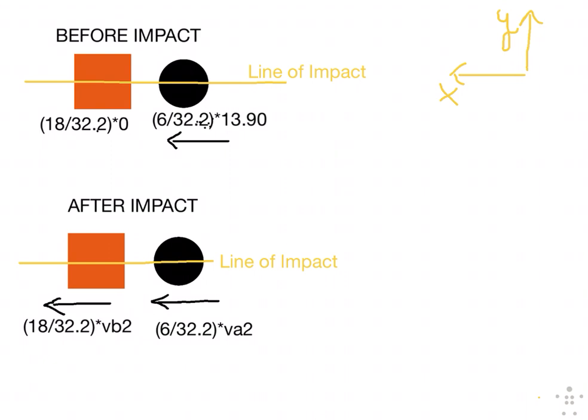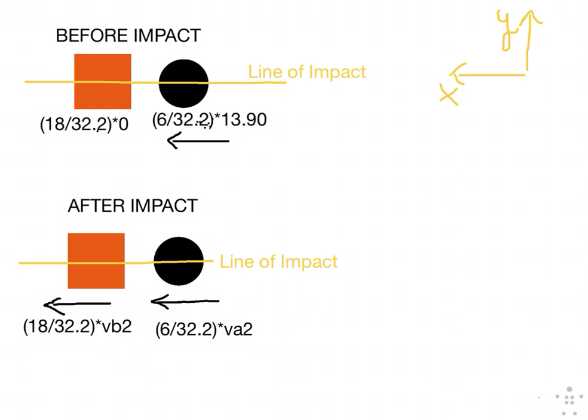The momentum of the bag is going to the left, and that's the mass, 6 divided by 32.2, times the velocity we solved for, which was 13.9. After impact, we have some unknown velocities, B2 and A2, and we're going to assume they're both going to the left after impact. So we have our momentum, mass times velocity, for each of those.